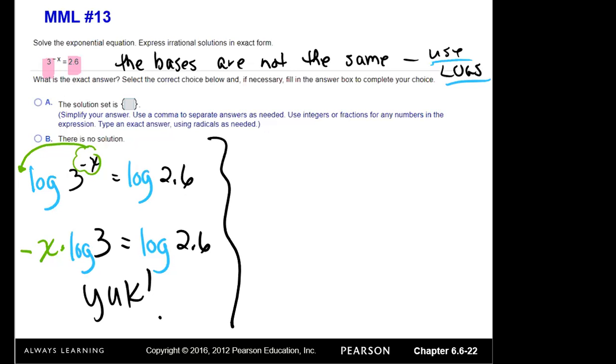Try again. I am going to use logs, but I'm just going to change it from exponential form to logarithmic form. This is going to be log base 3 of 2.6 will equal the exponent of -x. That's so much easier.